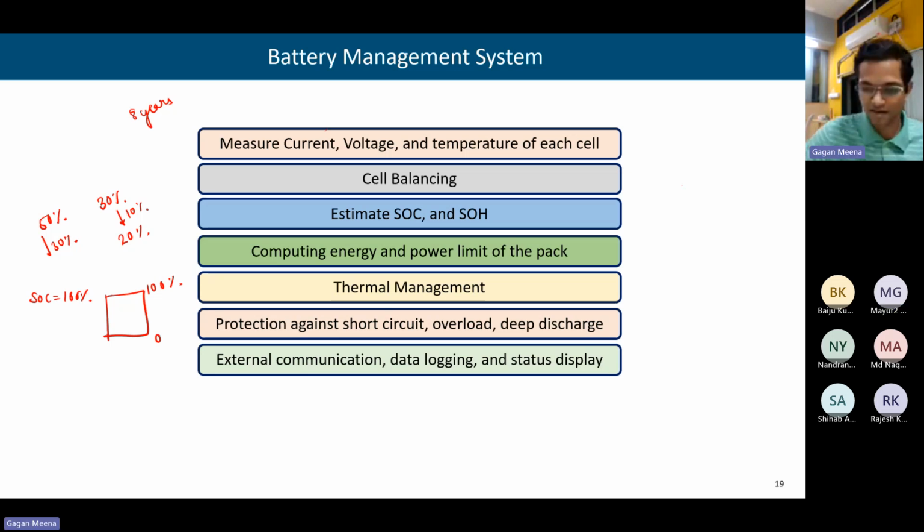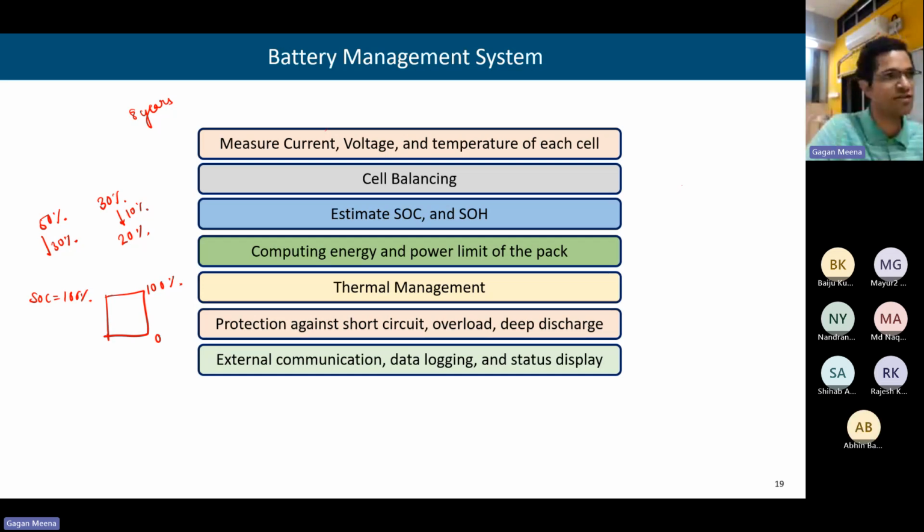So these are the different roles of the battery management system. It will measure these different quantities. It will ensure cell balancing, which is very important for proper or full utilization of energy storage, as well as from the point of view of thermal management.